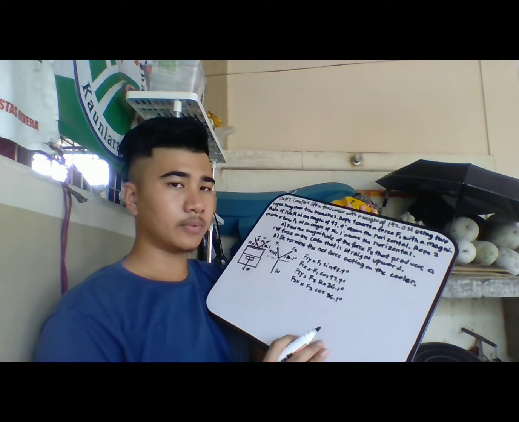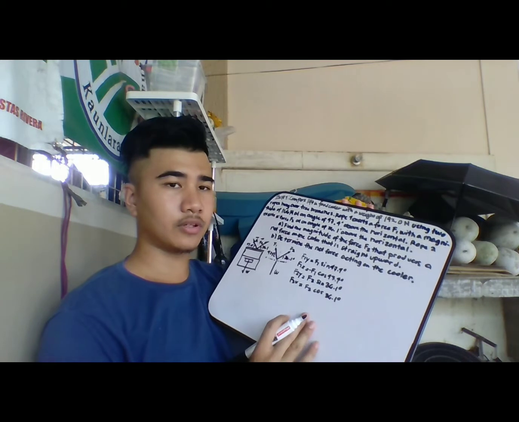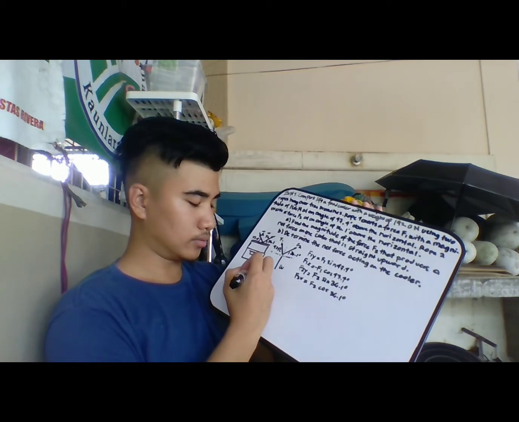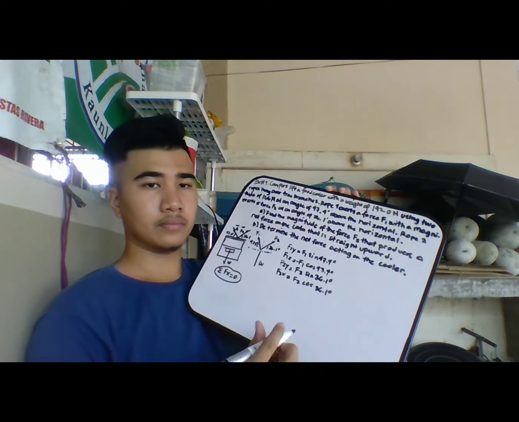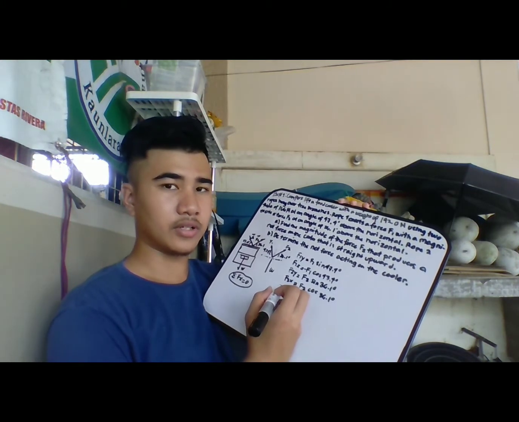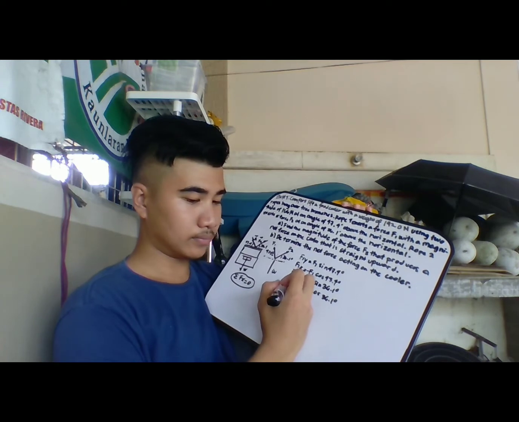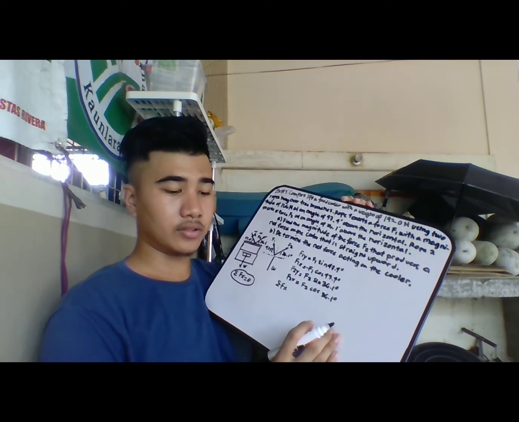We want the net force to be purely vertical. That means the x component of the net force must be 0, so the summation of the horizontal components is equal to 0.